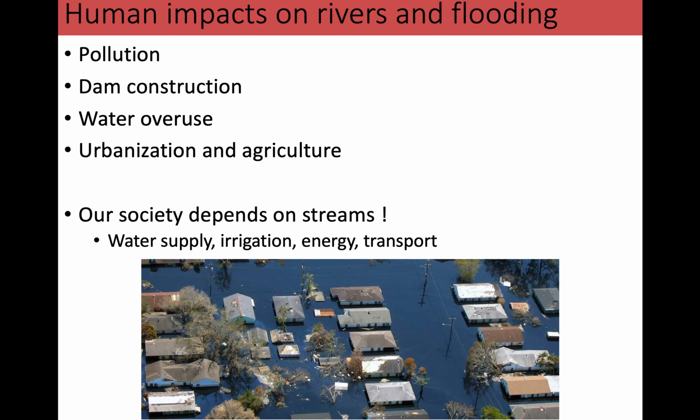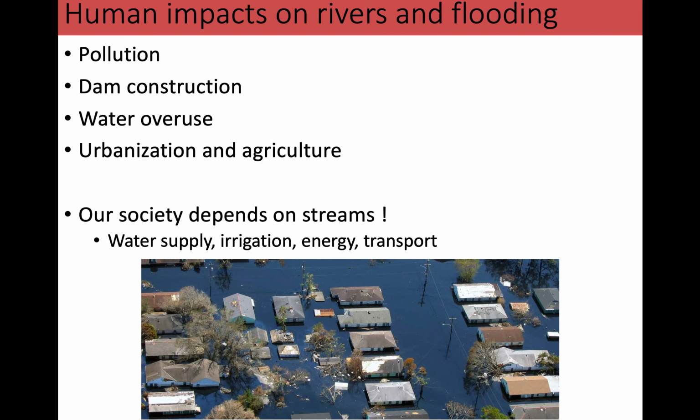If you take a dry area and start pumping water for farming, you're really changing the way that area will react to flooding. Water overuse is another. If we are using a huge amount of water, there's going to be less water in the soil, less water available.